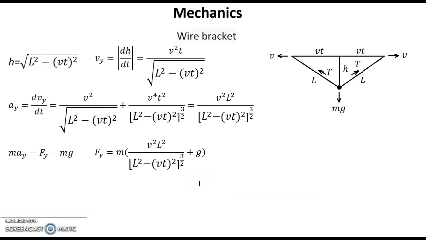But from the other hand, we can make this Fy using tensions, and that will be the equation for that. So we have Fy equal 2 tensions multiplied by the cosine of this angle between vertical and the direction of the thread, which is h over L, and this is the formula.